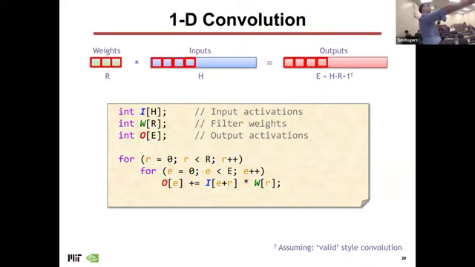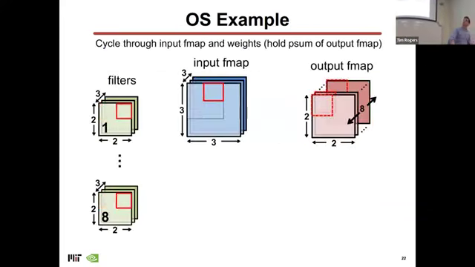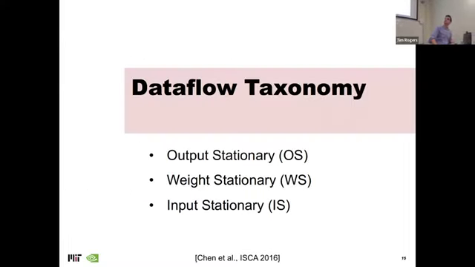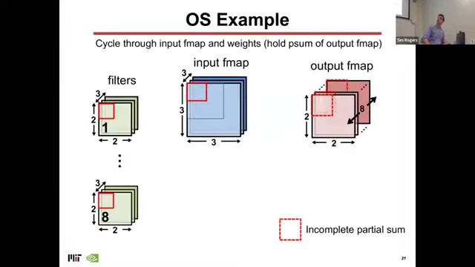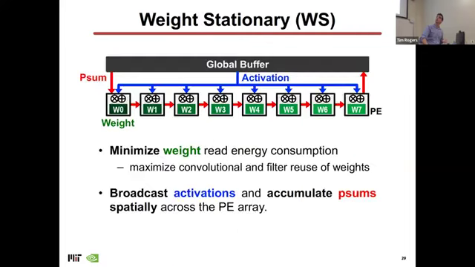So if I've got weight stationary, then let's go back to the picture. Let's output this, right? So here, I'm not actually accumulating anything locally. So my output is always going out to the next processing element.